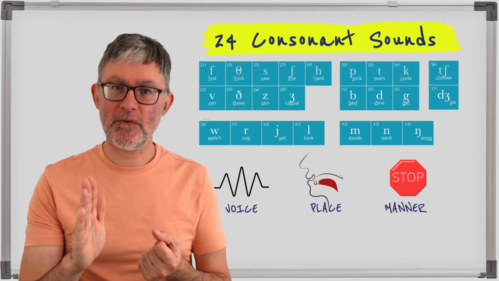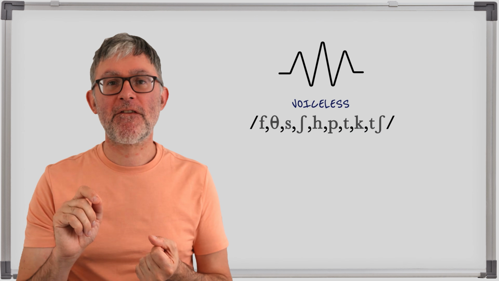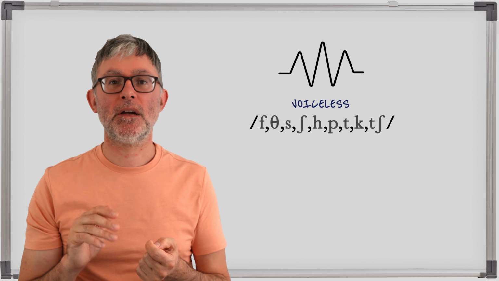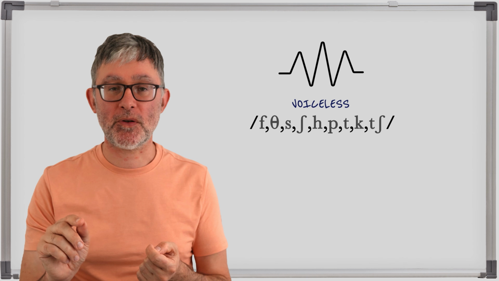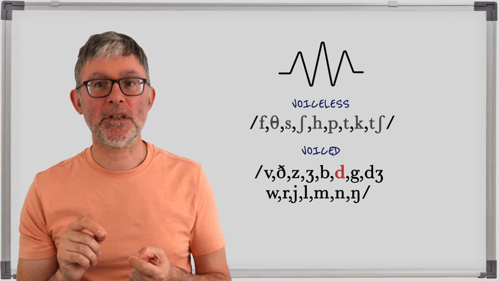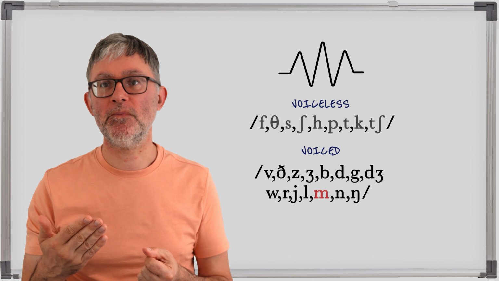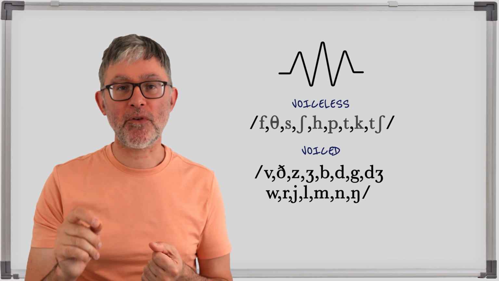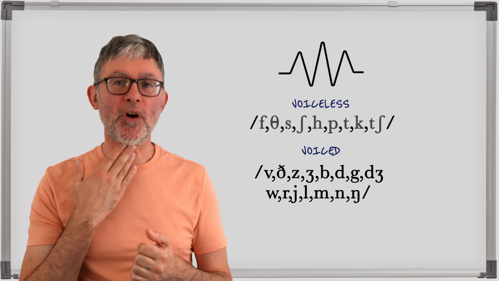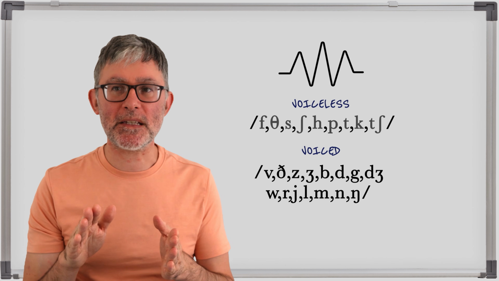Let's start with voicing. F, th, s, sh, p, t, k, ch are voiceless sounds. Notice I'm whispering. V, th, z, j, b, d, g, j, w, r, y, l, are voiced. When we voice a sound, our vocal folds vibrate a bit like a bee's wings buzzing.